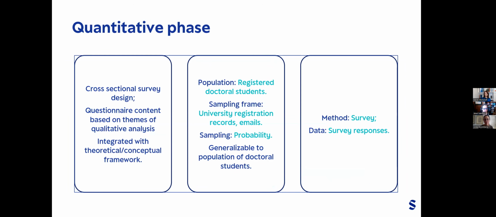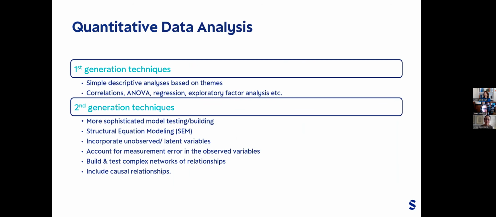Obviously, also integrated with the theoretical or conceptual framework. Our population would be our registered doctoral students currently, and our sampling frame would be university registration records and emails. We'd use probability sampling methods so that we can generalize our results without bias, and our data would be the survey responses. We could use a less or a more complex or sophisticated data analysis method.